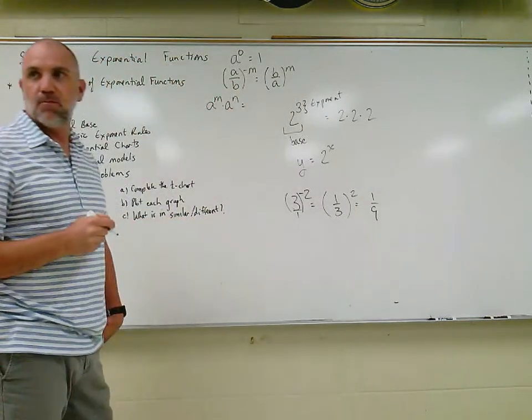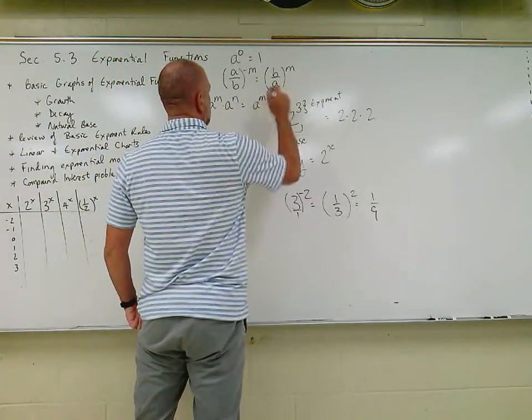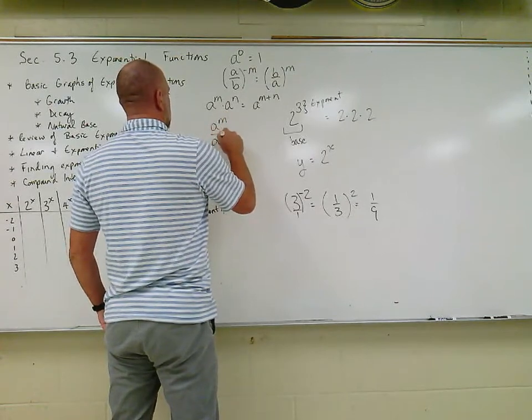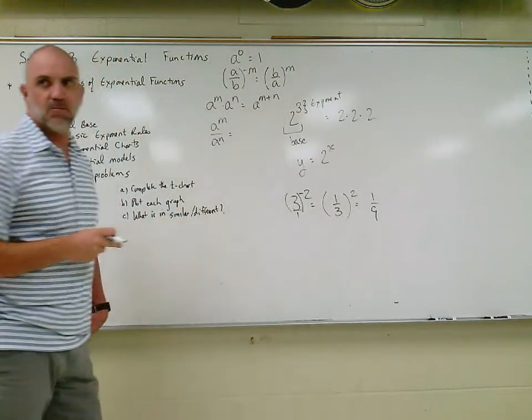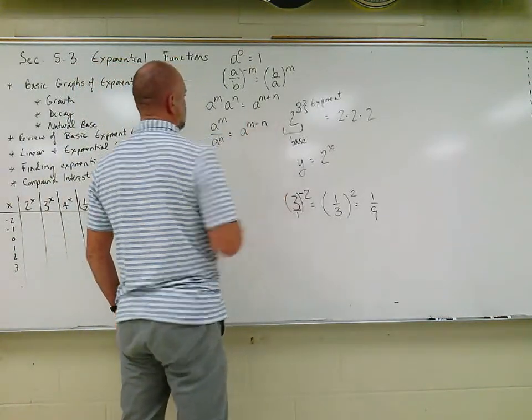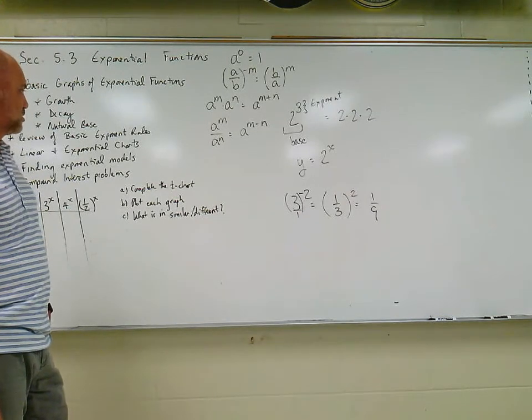Add the exponents, a to the m plus n. And for division, what's the rule if you divide and the base is the same? Subtract the exponents, a to the m minus n. Okay, we'll keep those there for now.